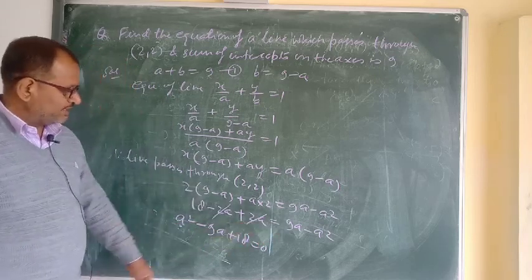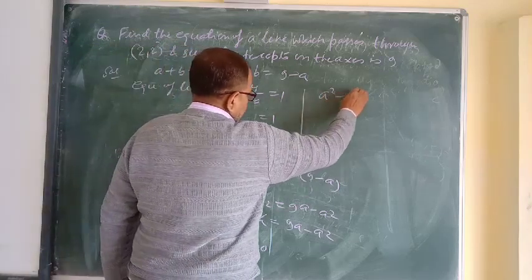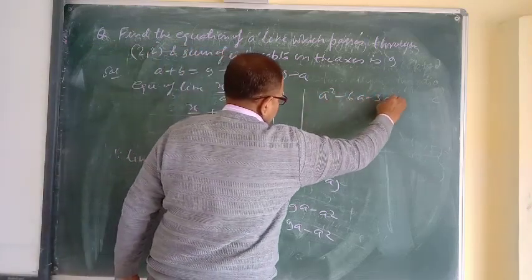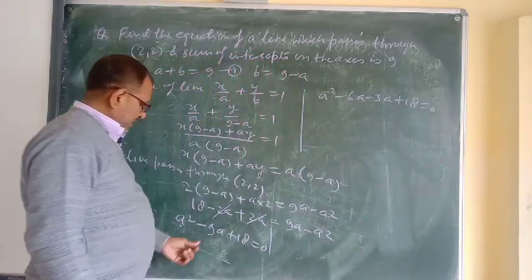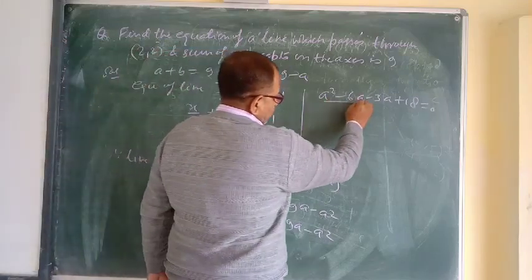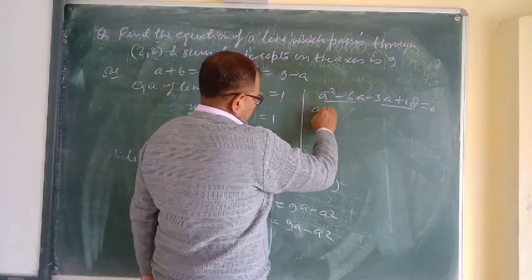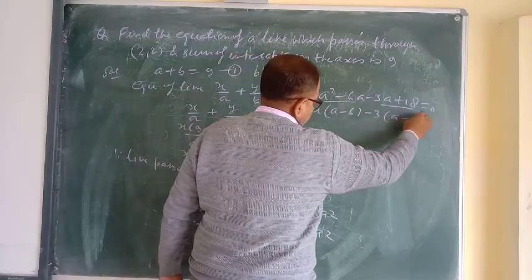Now we will factorize it. So we can write a square minus 6a minus 3a plus 18 is equal to 0, since minus 6a minus 3a is minus 9a. Make pairs and take common: a is common, a minus 6; minus 3 common, a minus 6.